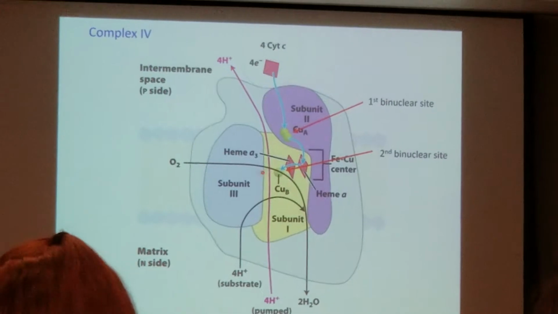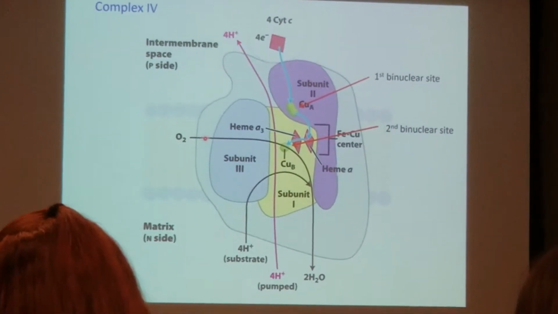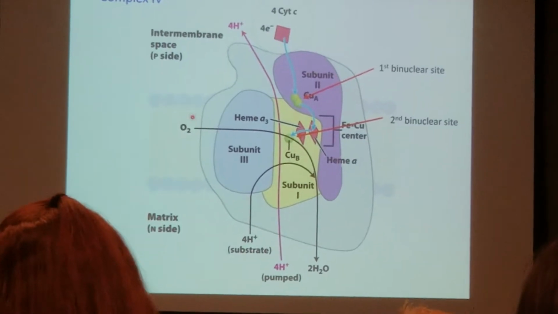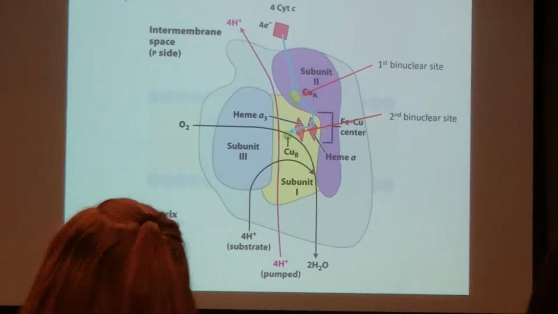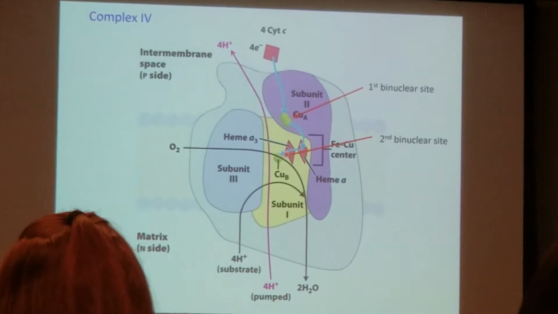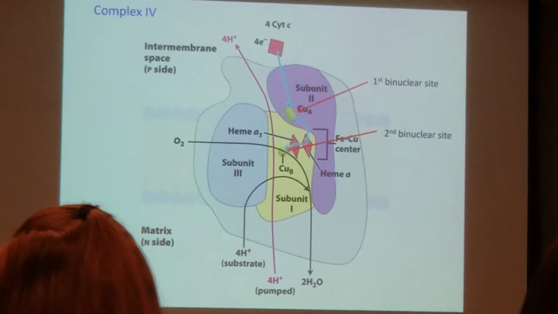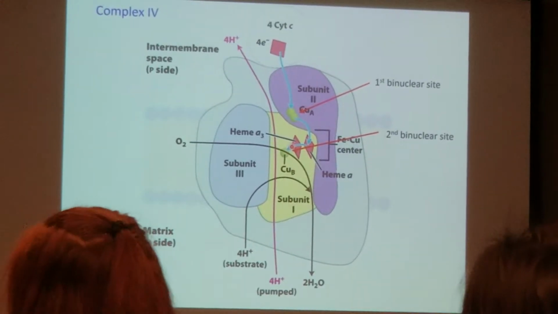And so if I was drawing this diagram, I would have this black arrow here. Oxygen can come in from anywhere because it's nonpolar. That oxygen is going to sit right here for a brief millisecond, and right there, not over here, right there is where it gets reduced to water.